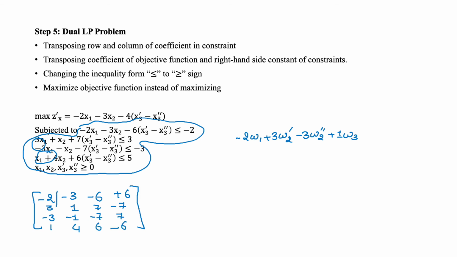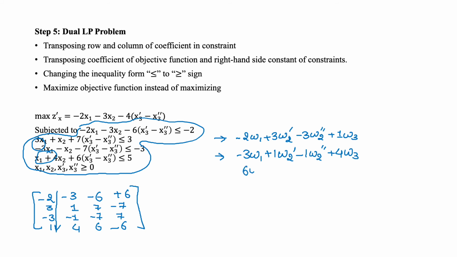Now this column has become the first constraint equation. Similarly, the second is minus 3 w1 plus 1 w2 dash minus 1 w2 double dash plus 4 w3.